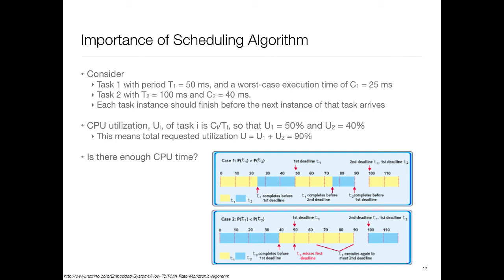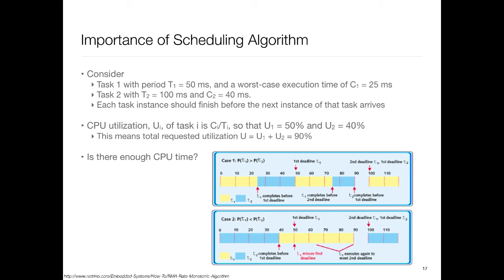At t equal to 50, another copy of task 1 arrived. But until then, the blue one is running, so it got to run for 25 milliseconds. But it needs 40 milliseconds, so it still has some of that task remaining. At t equal to 50, a new copy of task 1 came, so the blue one will be stopped, and the new copy of the yellow one will start running and use the CPU until 75.